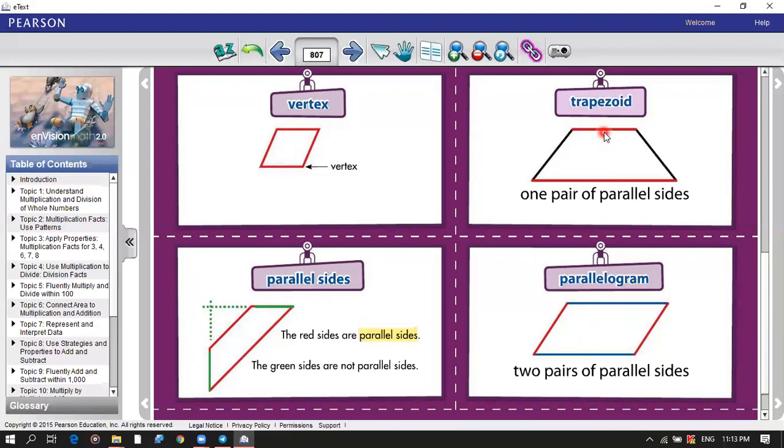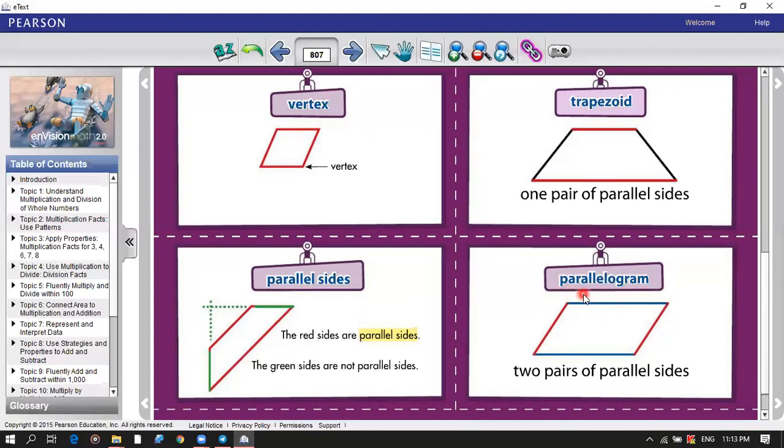Parallel sides means that these sides are in the same direction. And if I draw them as long as I could, they will never cross. These 2 sides are parallel.